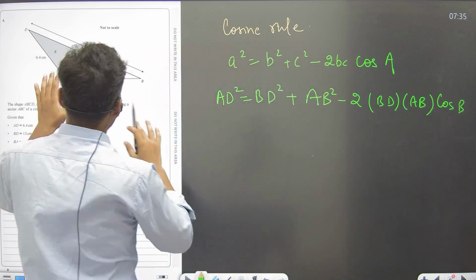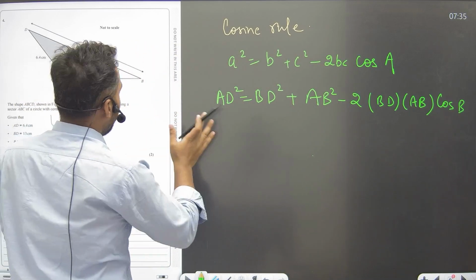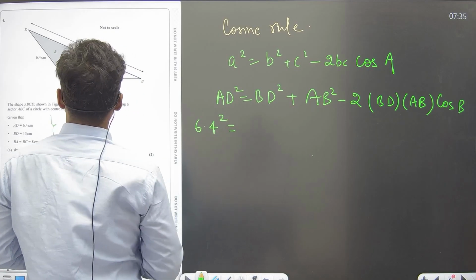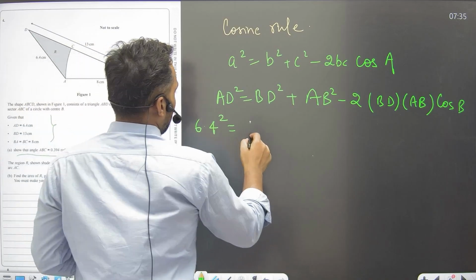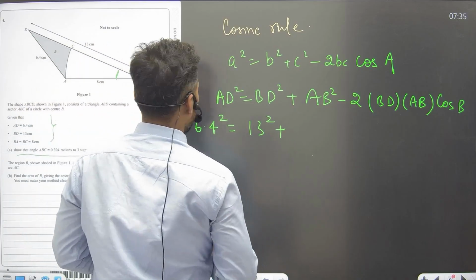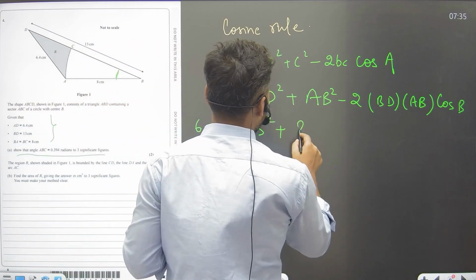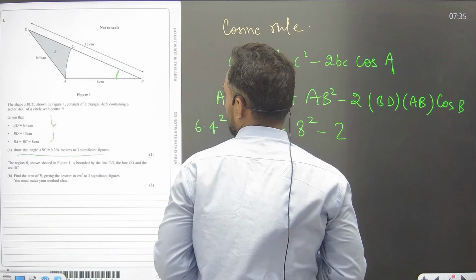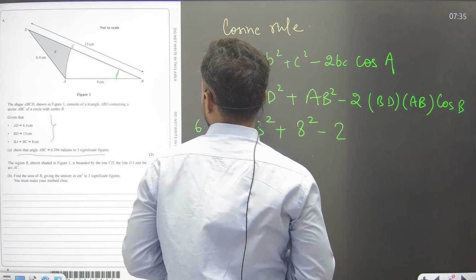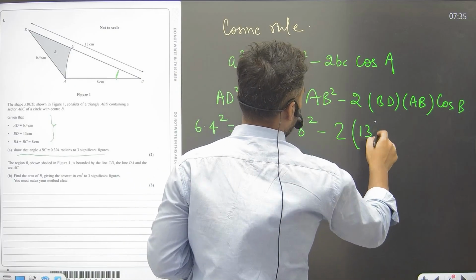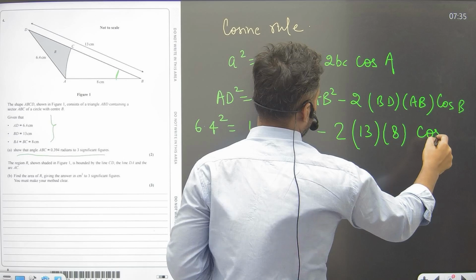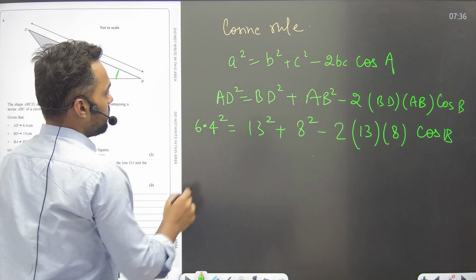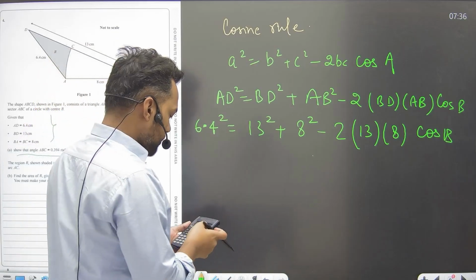Now plug in the values from the figure. So AD is 6.4 square, equals BD 13 square plus AB 8 square, minus 2 times 13 cross 8 cos B. We just need to plug in the values and we'll get the solution.